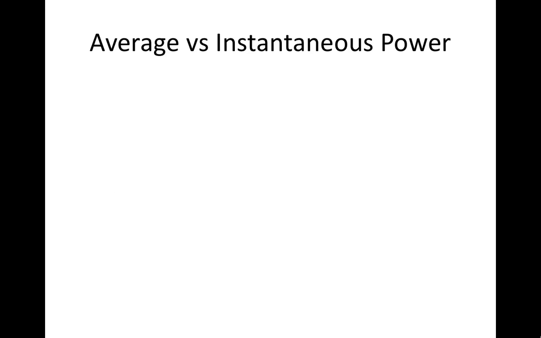Okay, so I discussed two different equations to calculate the power delivered. And how are you going to decide which one to use? Well, generally, it's kind of obvious which one to use. Average power is energy per time. So if a time is mentioned in the problem, you're probably going to use this one.